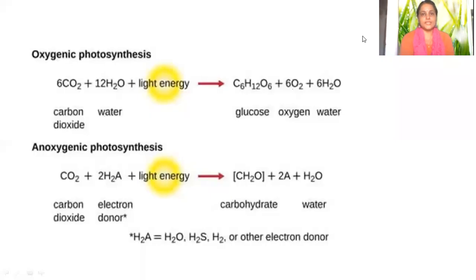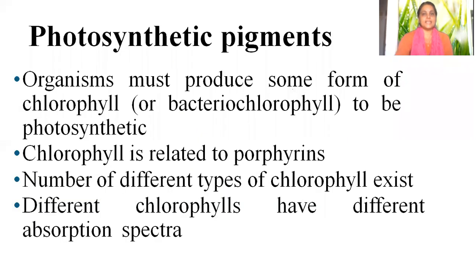Okay, now let's move on to the photosynthetic pigments. At the center of the whole photosynthesis process are the photosynthetic pigments, and the most important pigments are chlorophyll and bacteriochlorophyll. Chlorophyll is a planar molecule with a structure like porphyrin.